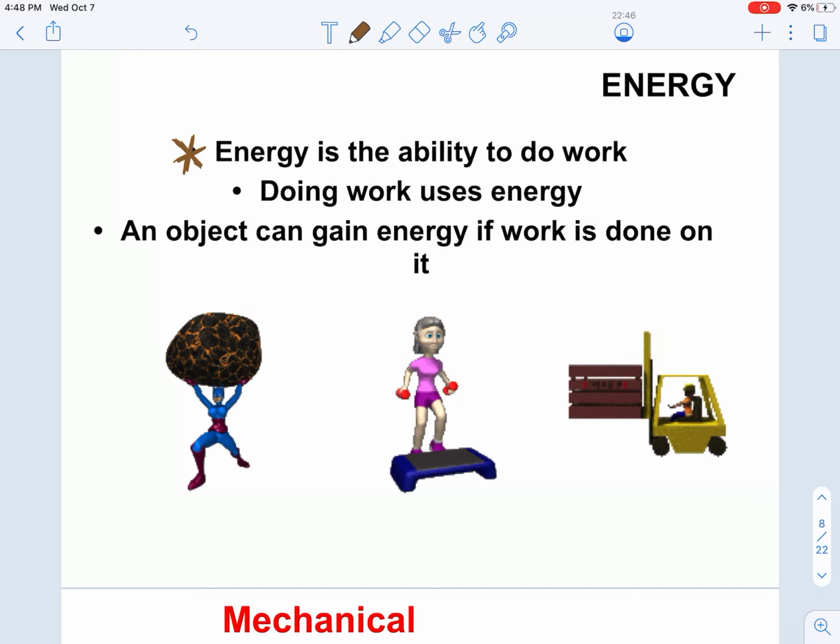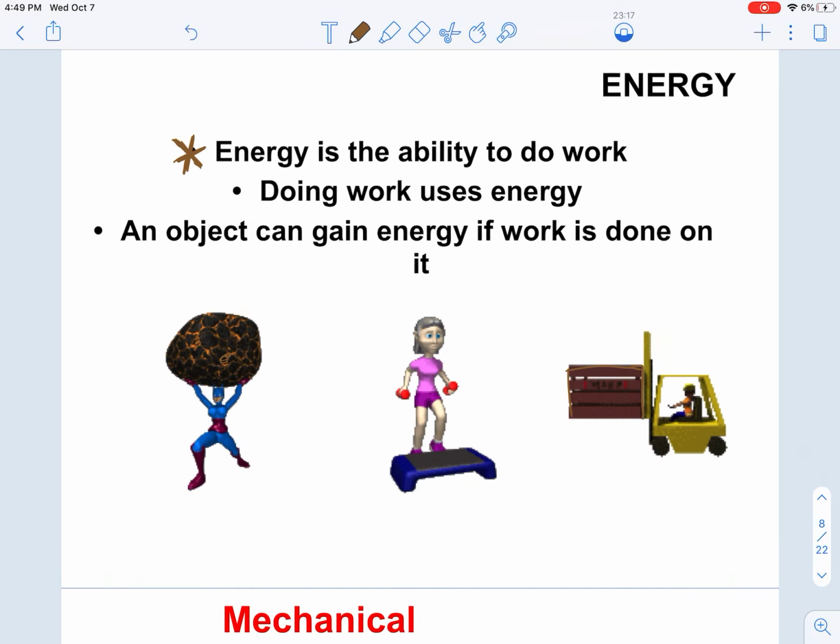And then the last picture, we are performing physical work here. The truck is applying a force to lift this crate. In all of these situations, work is being performed because of the energy available, okay? Doing work uses the energy that was available. So if I have an object that has work applied to it, so let's say this crate right here.